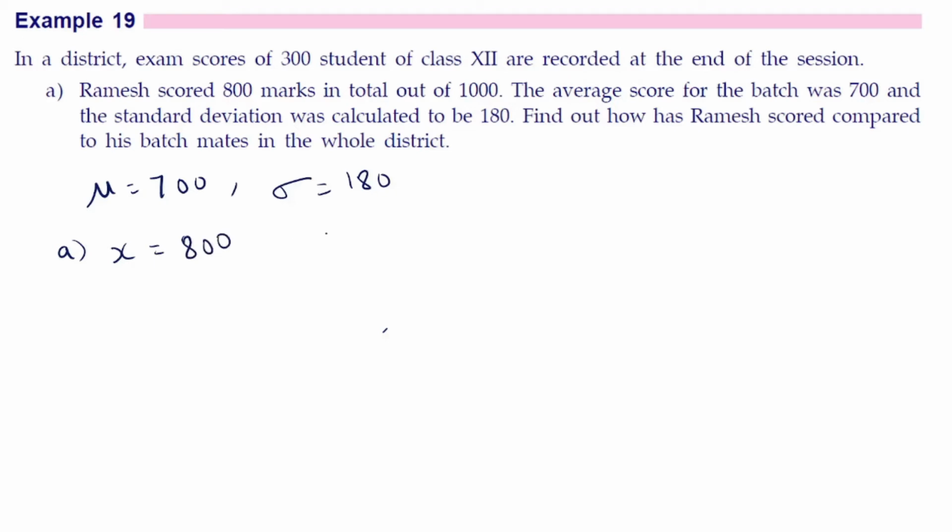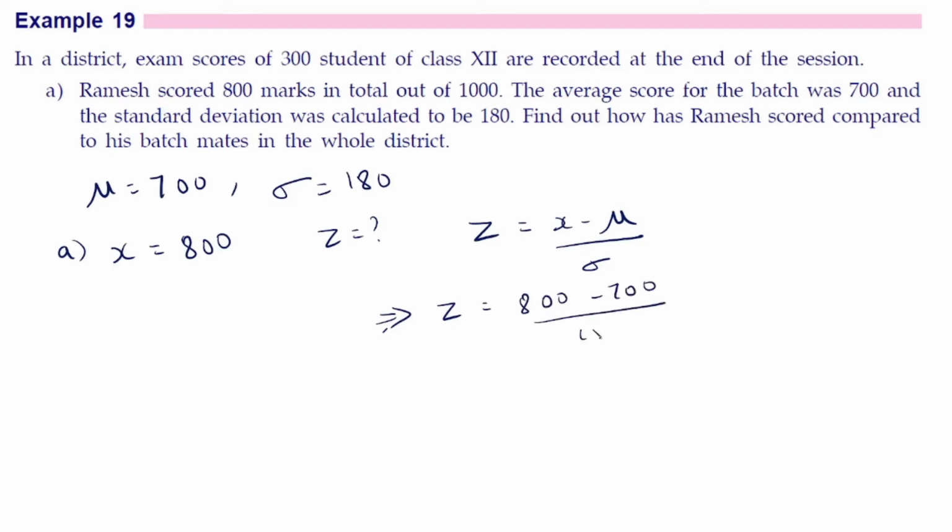Now we need to find the z-score. So when x is 800, z is given by x minus mu by sigma. Or from this we have z is equal to 800 minus 700 upon 180.